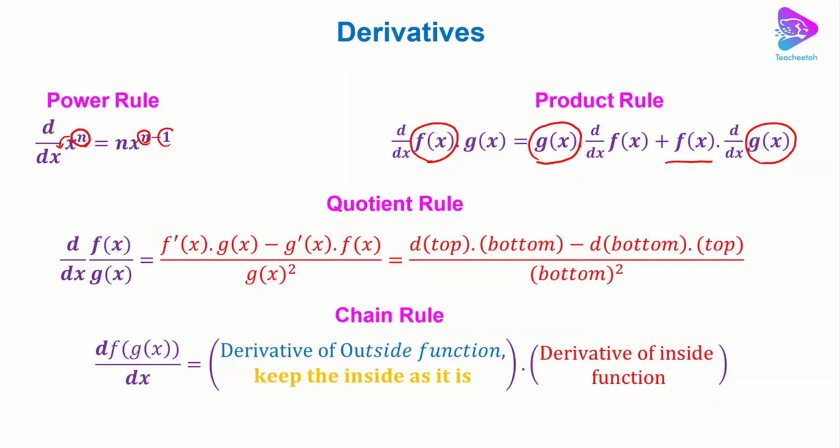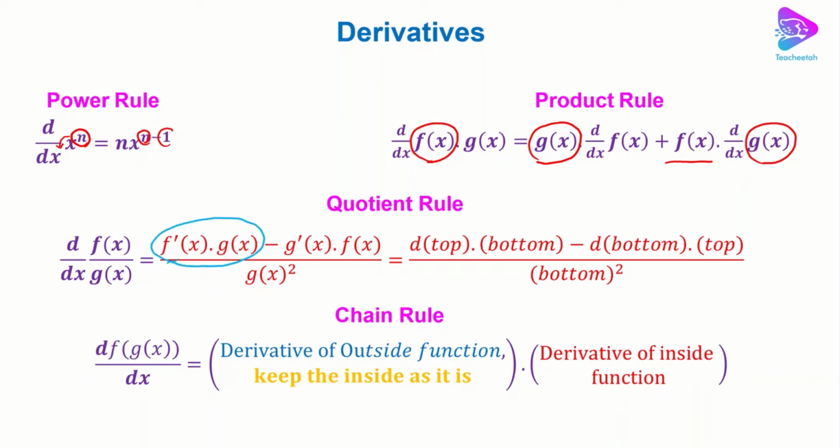The other rule that we looked at was the quotient rule, and for this one we have a fractional function which contains f(x) over g(x). For this case, what we have to do is, first, in the numerator, put the derivative of the top function, which is f prime of x, keep the bottom as it is and multiply it with the derivative of the top function, as you can see here.